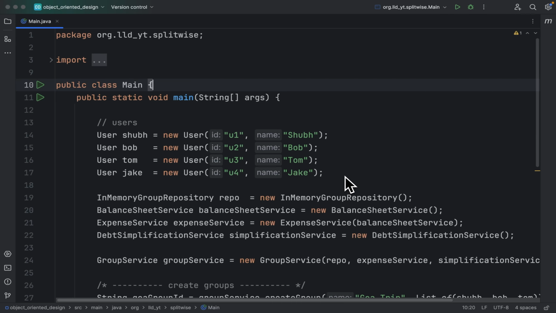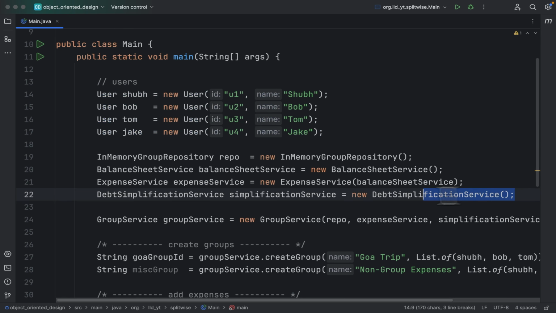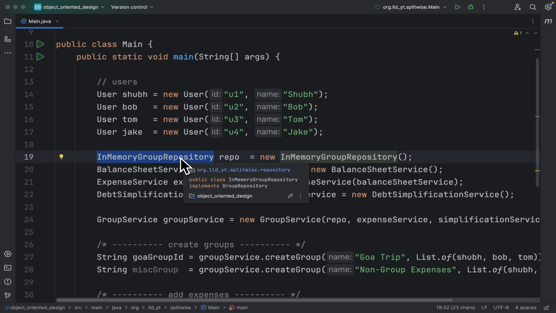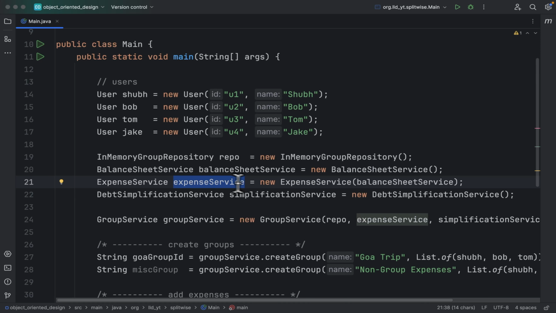This is the client class. Over here we have created 4 different users, and we also have created some objects. The first one is the in-memory group repository. Over here we would be having CRUD operations which would be performed on the in-memory database. Okay, and we also have some services like balance sheet service, expense service, simplification service, right?